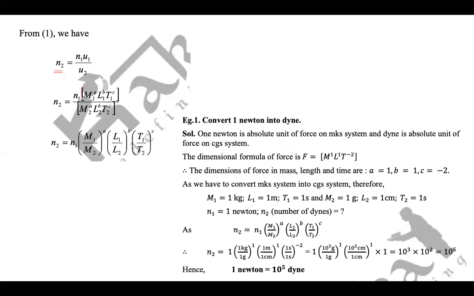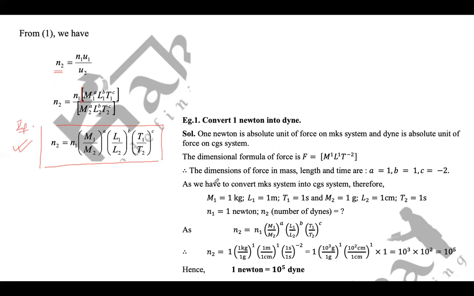U1 is written as M1^a, L1^b, and T1^c, and U2 is written as M2^a, L2^b, T2^c. Now we can write this as N2 is equal to N1 (M1 by M2)^a, (L1 by L2)^b, and (T1 by T2)^c. So this is a very useful formula to find out.